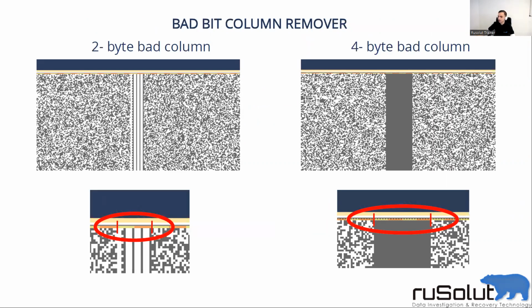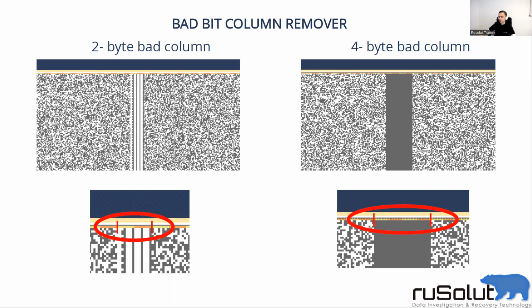Okay, and the main feature of this update, I think, is the bad bit column remover. As you all know, we had a deal for some time with bad bytes columns, especially in Alcor Micro or Silicon Motion controllers.